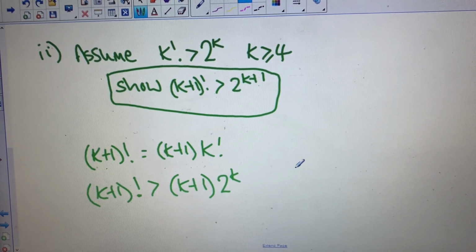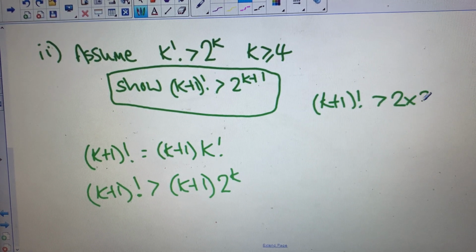Now, I know that another way of writing that is k plus 1 factorial is greater than 2 times 2 to the k, if I rewrote that out in another form. So essentially, I've just got to show here that k plus 1 is greater than 2.